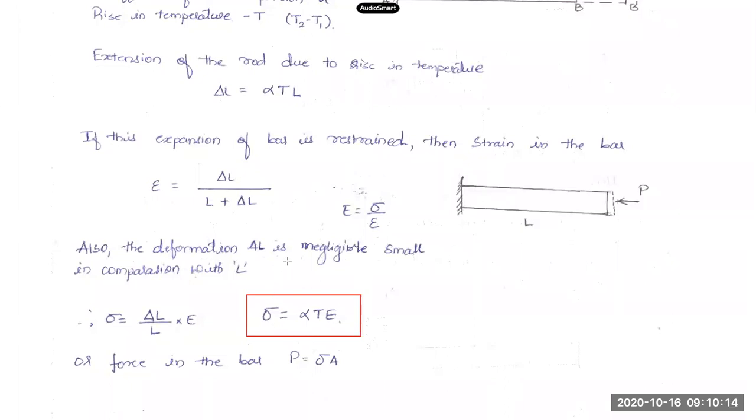Is that clear? We first observed the free expansion of the bar without preventing the deformation, and then the same expansion which was occurring in the bar was made zero.